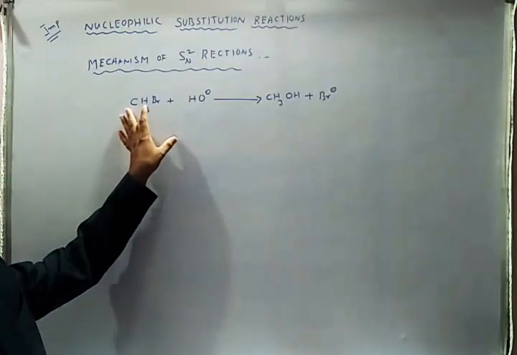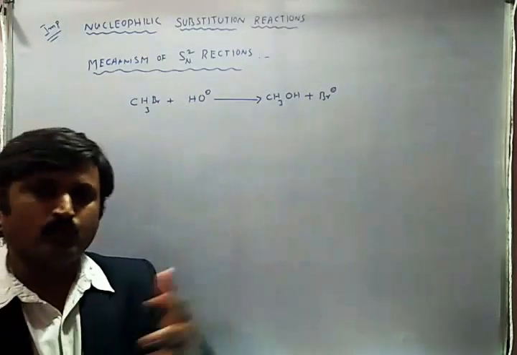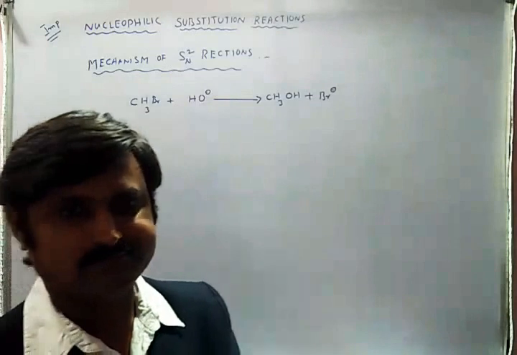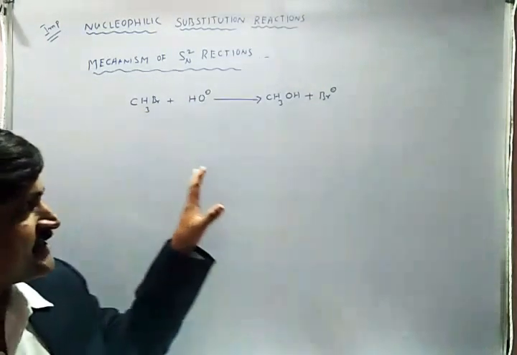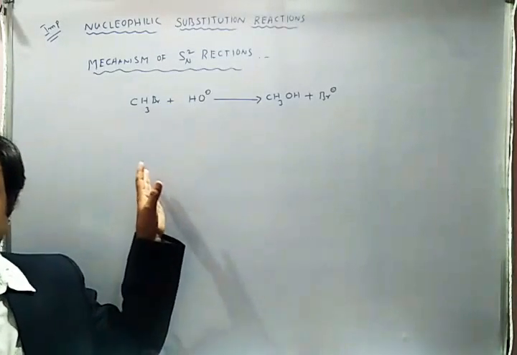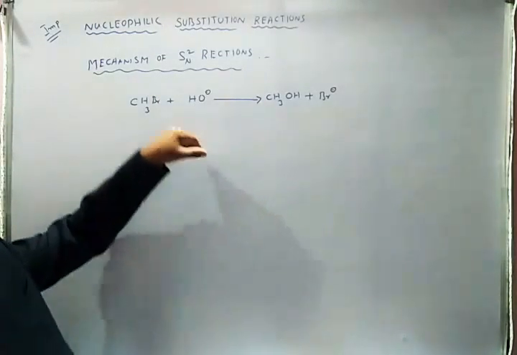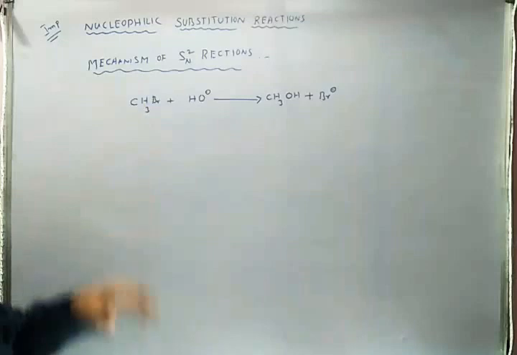Here this is methyl bromide, this is the nucleophile hydroxide ion, both are in the reaction mixture. If the concentration of methyl bromide in the reaction mixture is doubled.